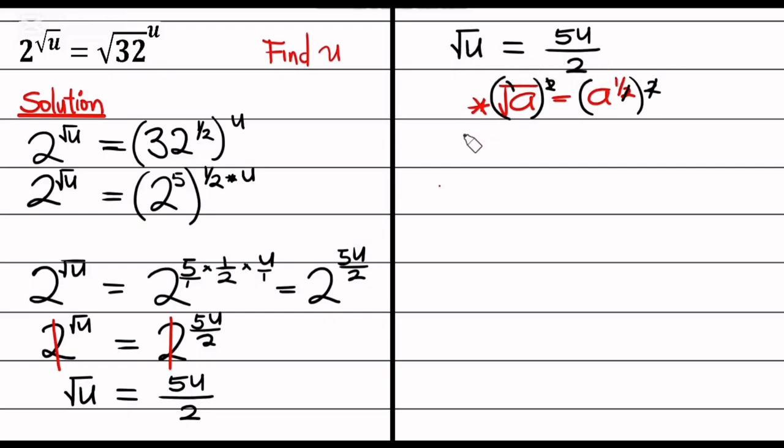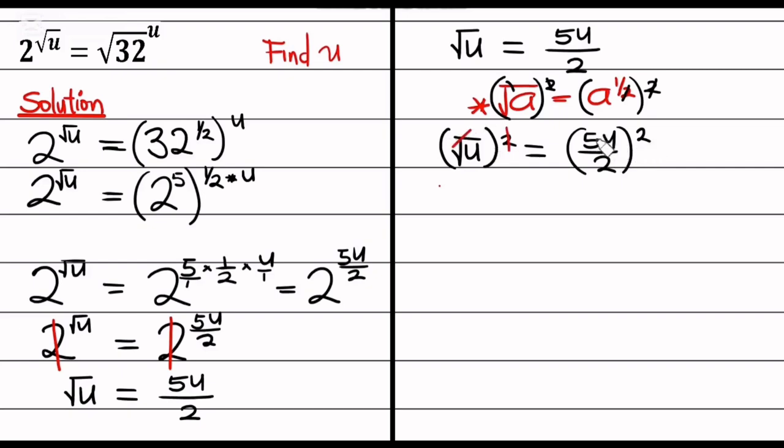Therefore, I can say square root of u, all squared, equals 5u over 2, all squared, at the same time. Also, according to the explanation above, this is going to cancel this square root.